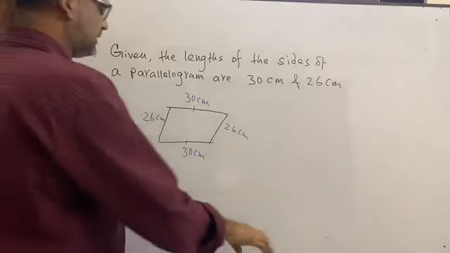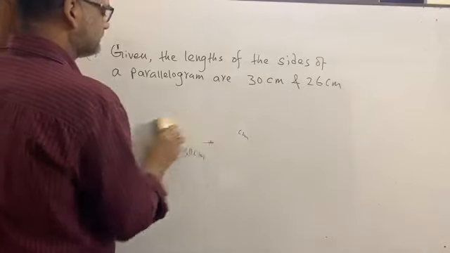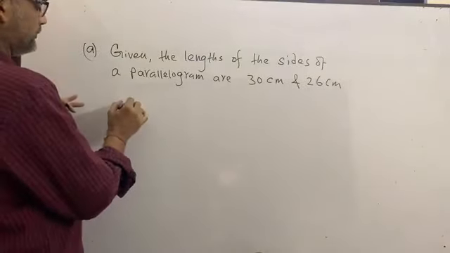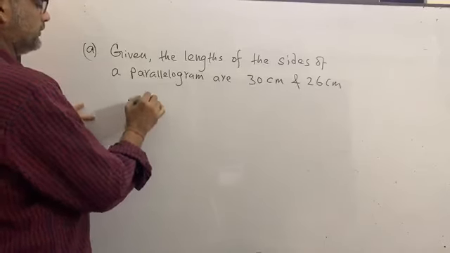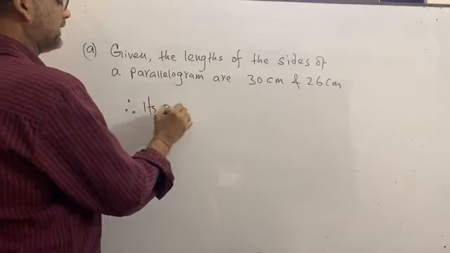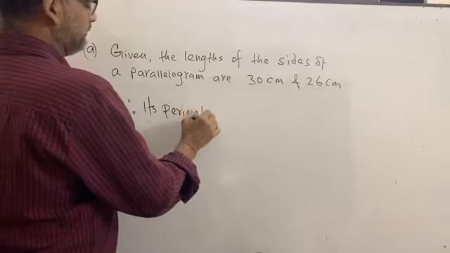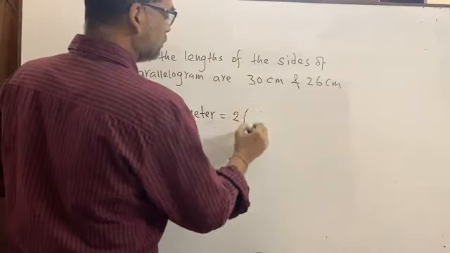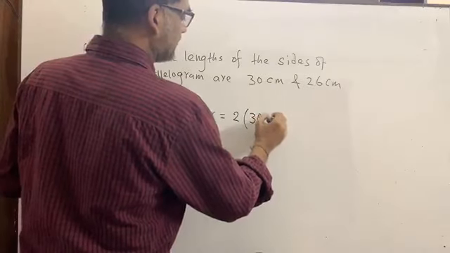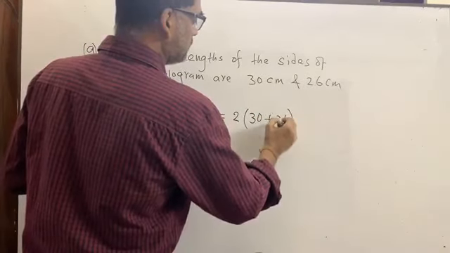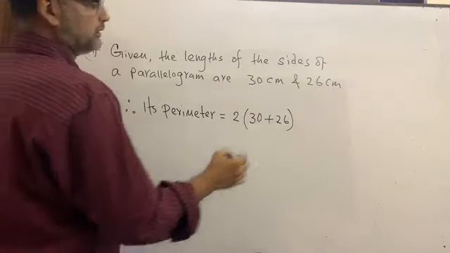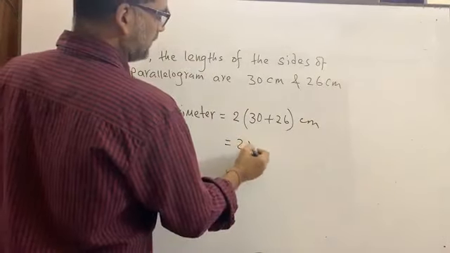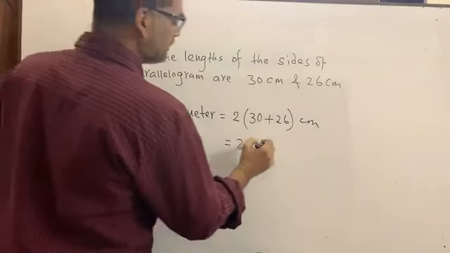So we can write here, therefore its perimeter is equal to 2 into length plus breadth centimeter equals to what? 2 into 56.